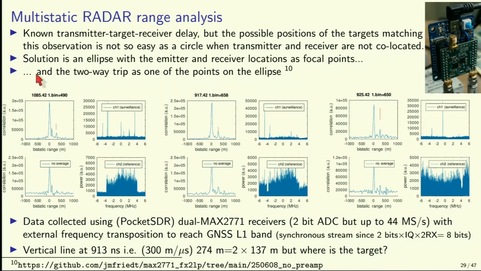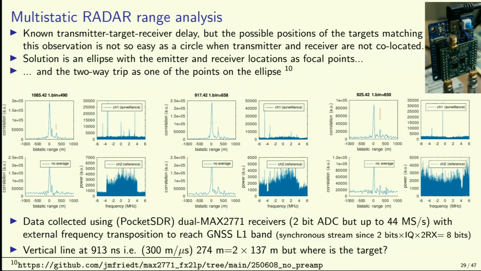And you see that on all these frequency channels, which are all television channels in the French system, you have, in the negative time, no target, hopefully. And in the positive time, you see that we have always, I put a red line here, at the equivalent of 240 meters, if you convert by the speed of light, which is a two-way trip of 137 meters.